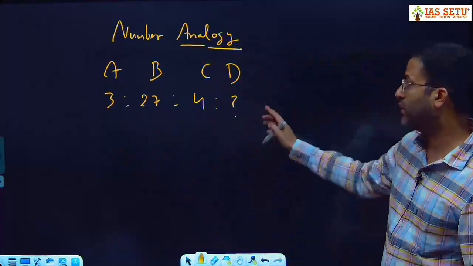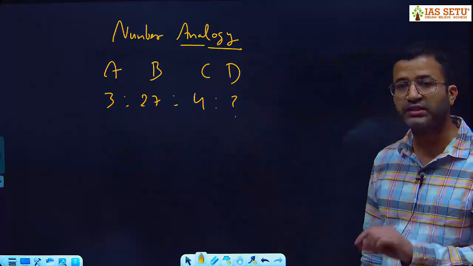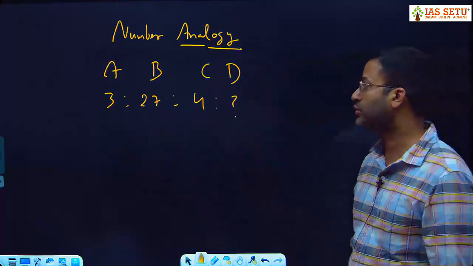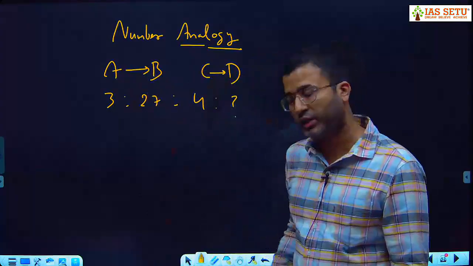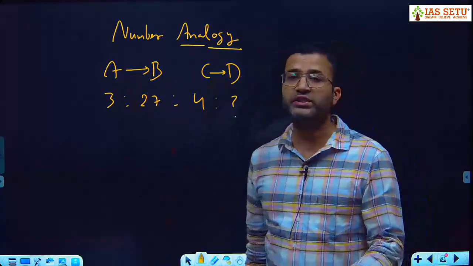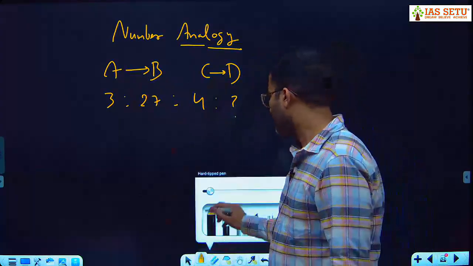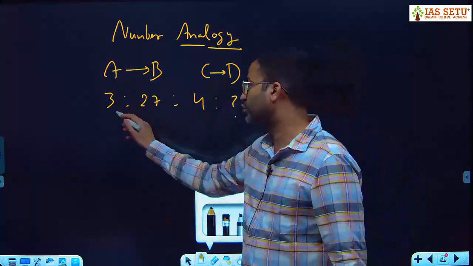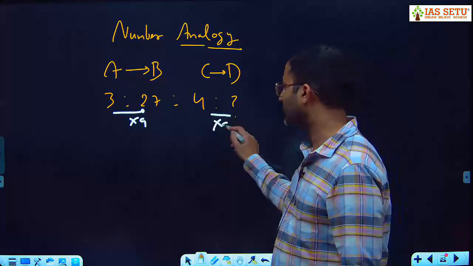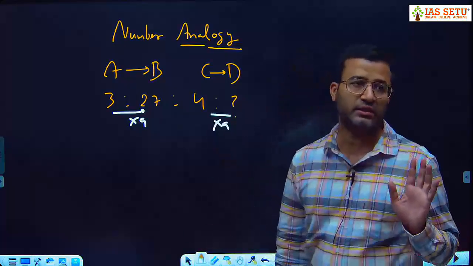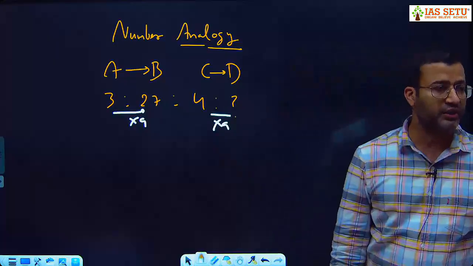It is asked what will come at the question mark. We have to see the same relationship. In an analogy question, the relationship between A and B is reflected from C to D. The relation between A and B will be the same between C and D. So can we see what the relationship is here? You can say 9 multiple. You can't deny. 4 into 9 is 36. So the correct answer is 36. 9 multiple. 3 9s are 27.